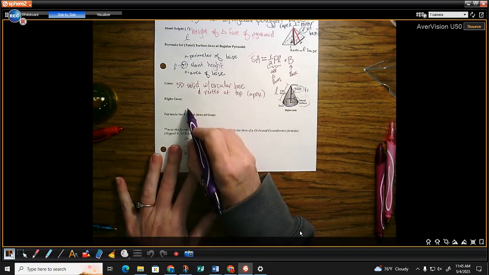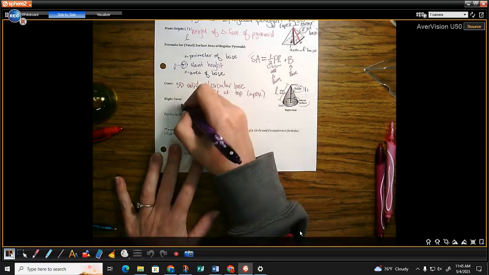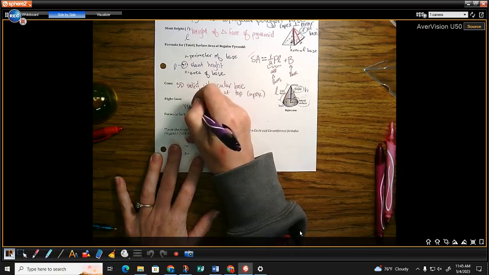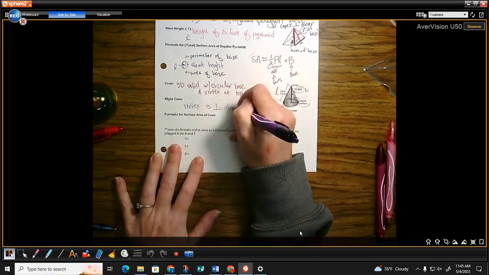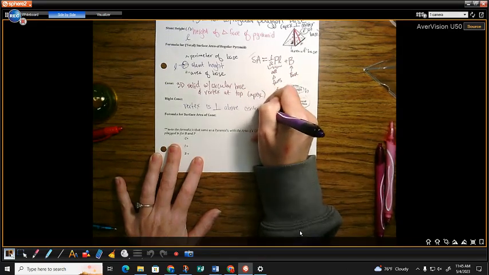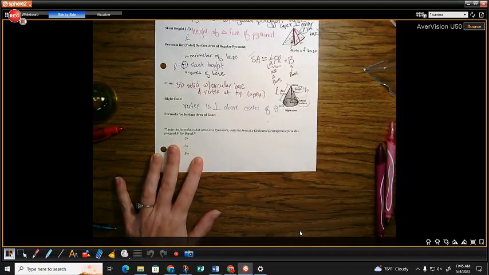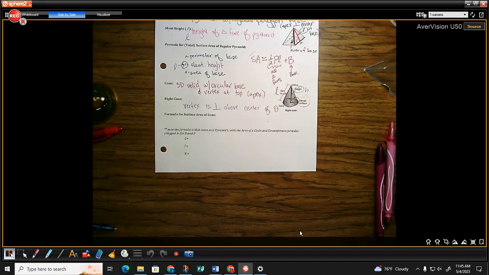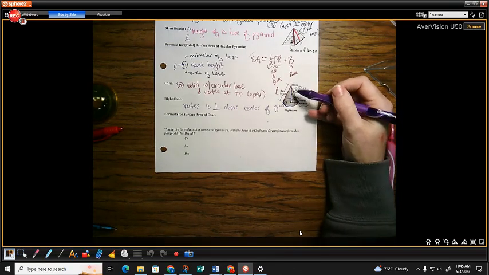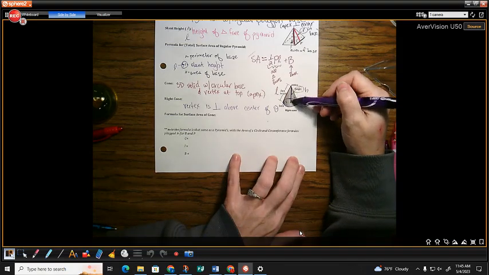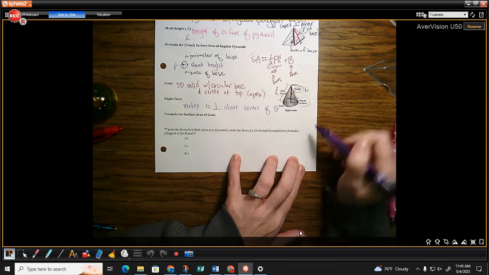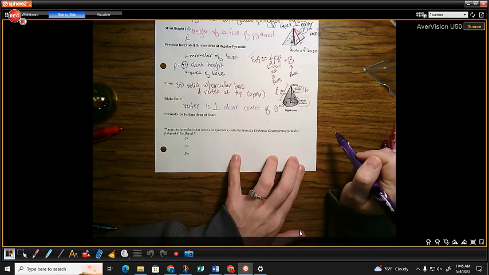And so a right cone is just a cone where the vertex is perpendicular above the center of the circle. And so we're going to pretty much stick with right cones. But you're going to see here that my vertex is perpendicular above the center of that circle. Okay?